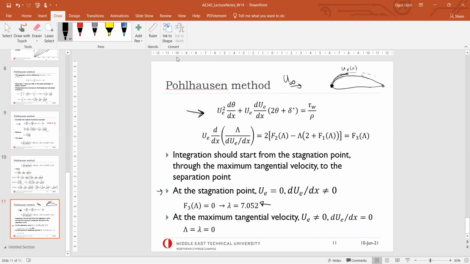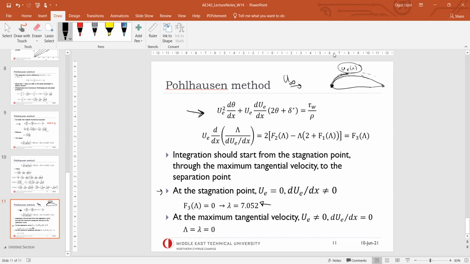So this integration goes to the point where we reach a maximum Ue velocity, which physically corresponds to the minimum pressure location. We call it the suction peak over this airfoil. So maximum velocity occurs at the suction peak, and integration continues over there.